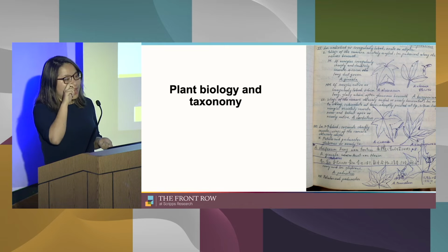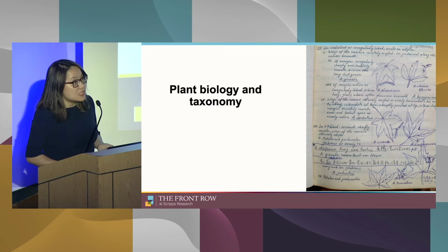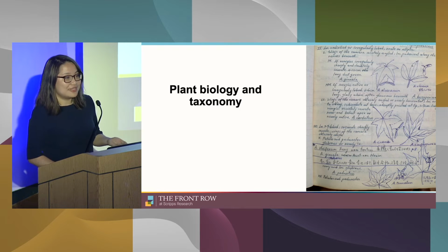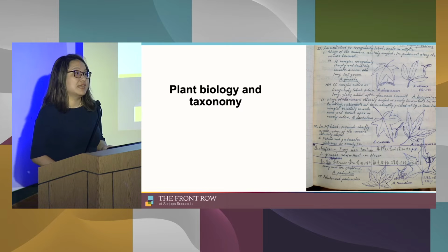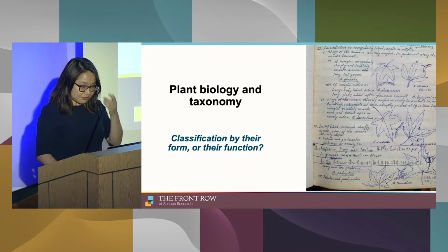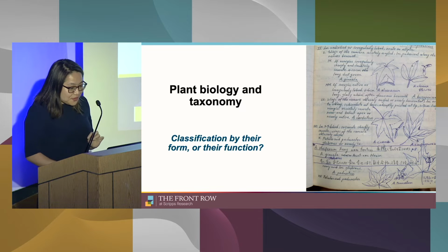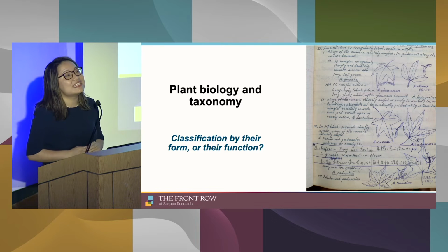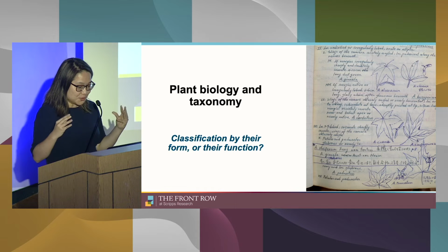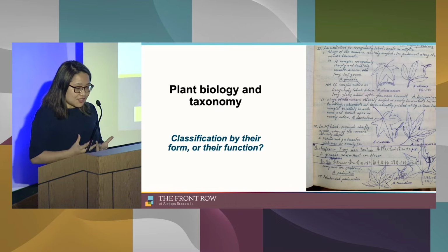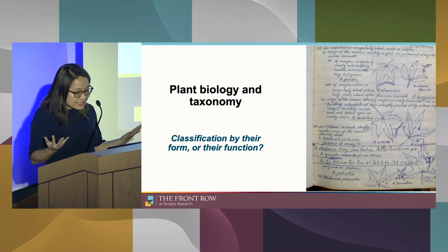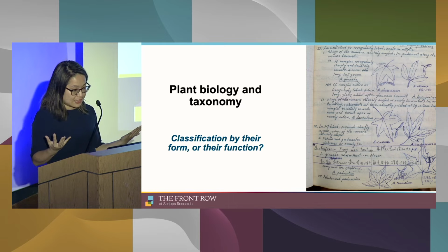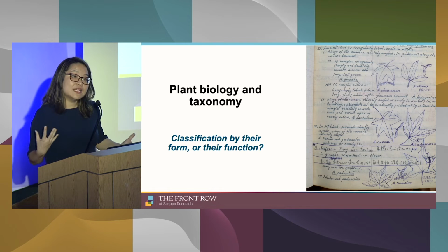Therefore, morphology is helpful, but it is really not the only thing that helps us understand the complexity of biological species. So when I was very young, this really planted a seed for my passion for research, and I started thinking about how we actually define biological systems. Is it by their forms or by their functions?